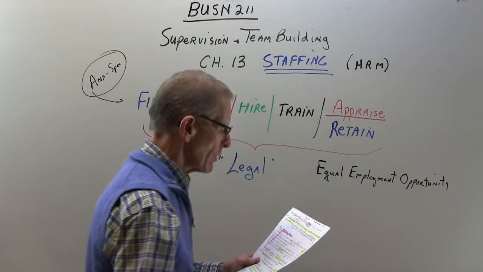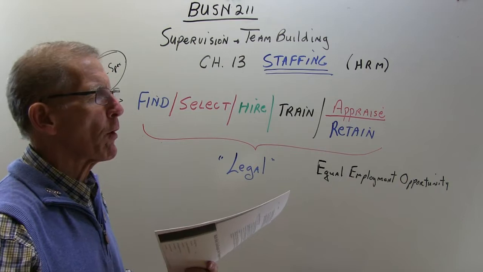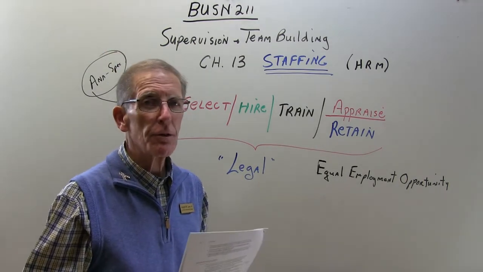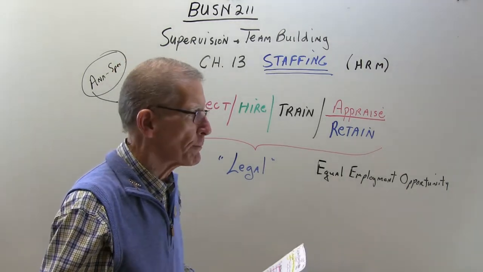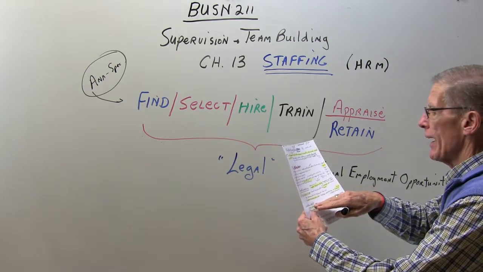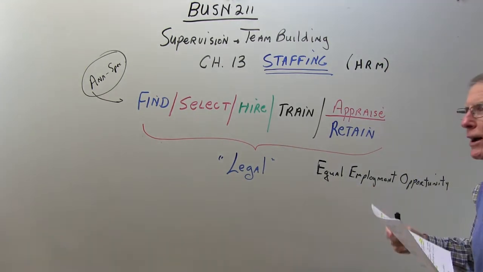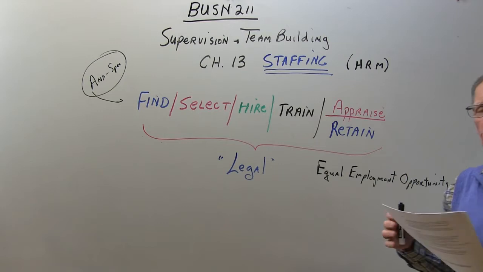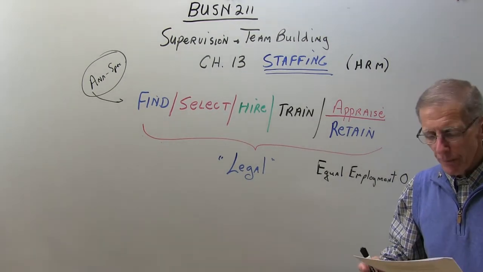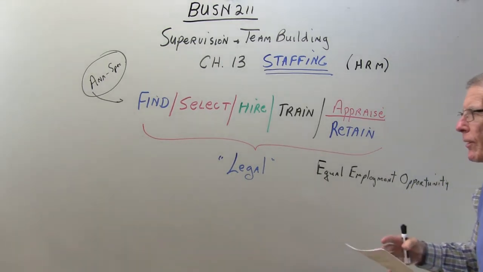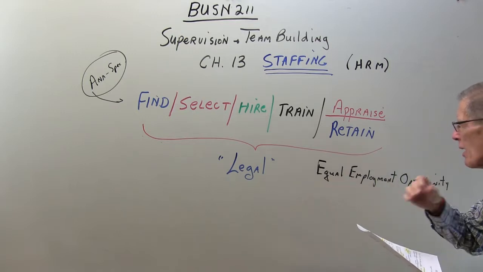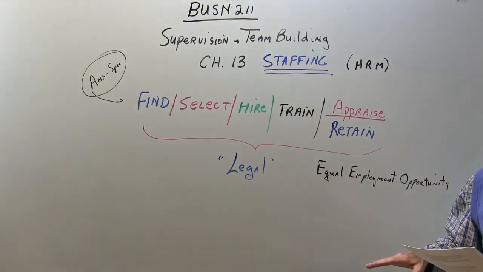There are 2 pieces of legislation, the Equal Employment Opportunity Act and the Civil Rights Act of 1964 as amended, Title VII, that talks about equal employment opportunities. I have it on your handout. Here's what the Civil Rights Act and the Equal Employment Opportunity Act do. They make discrimination in the workplace illegal. People need to have an equal opportunity for employment.